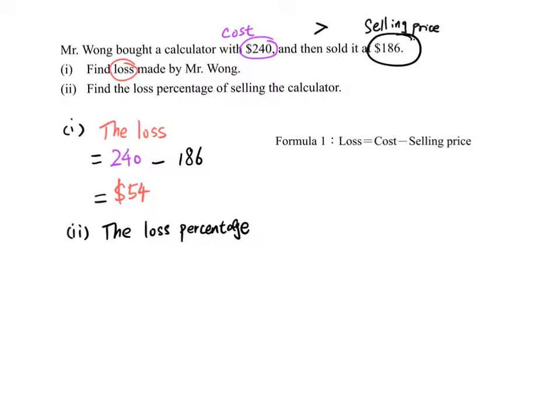One more thing for part 1, compare these two formulas. For profit is equal to selling price minus cost, because selling price is higher than the cost. For loss, cost minus selling price, because in this case, the cost is higher than the selling price.